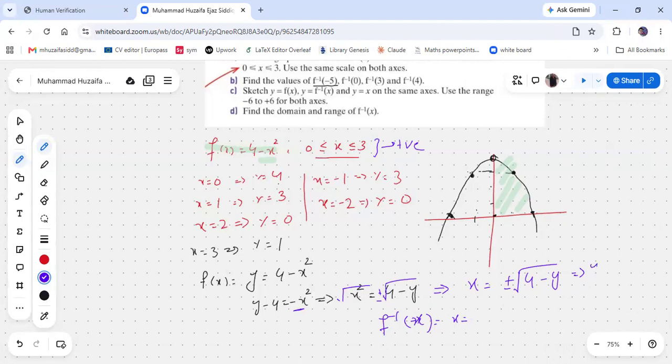So y is equal to plus minus square root of 4 minus x. So y is equal to plus square root of 4 minus x.